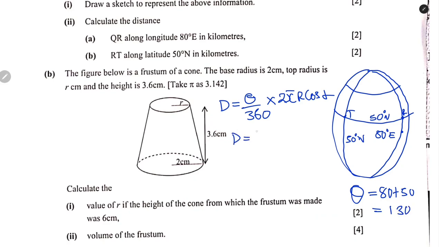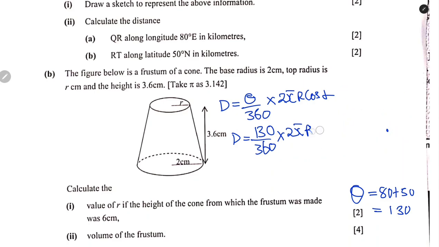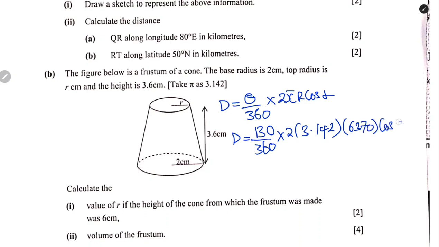So distance equals 130 divide 360 multiplied by 2 pi r. The pi is 3.142, then multiply by 6370. Then of course cos, the latitude is 50.